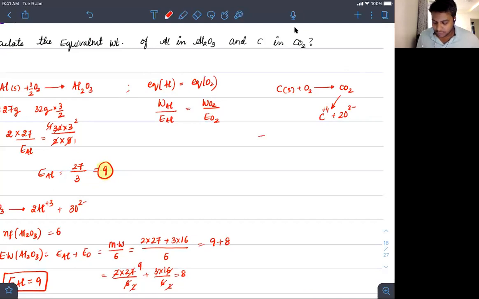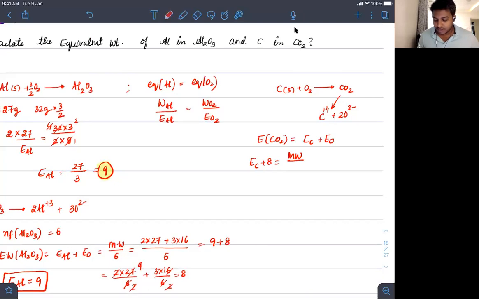So equivalent weight of carbon dioxide can be written as equivalent weight of carbon plus equivalent weight of oxygen. And equivalent weight of carbon plus 8 is equal to molecular weight of carbon dioxide divided by valency factor, N factor. N factor is the charge it possesses. How much charge does it possess, beta?